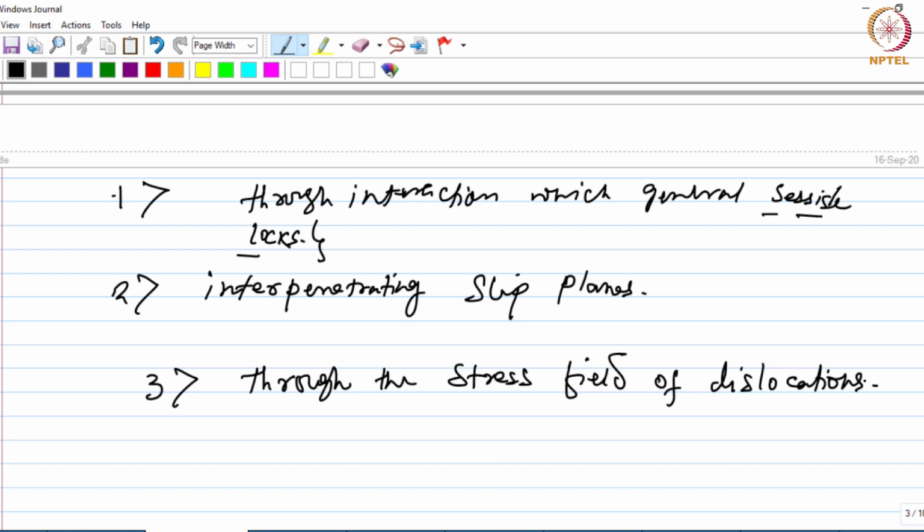Right, we have seen this before. Dislocations have a stress field in their core, and therefore, through this stress field also, dislocations can interact with each other through those elastic interactions, leading to impediment in their motion. Okay, and all of this would ultimately lead to an increase in the strength as the dislocations find it difficult to move through the lattice.